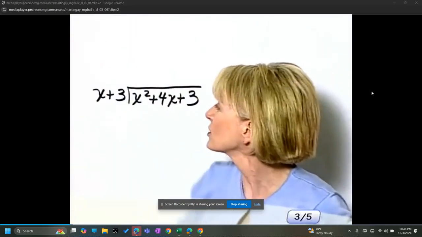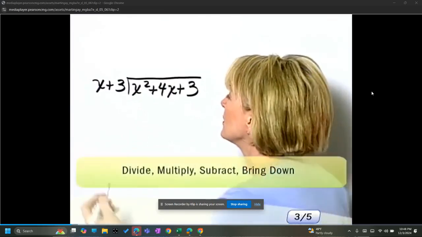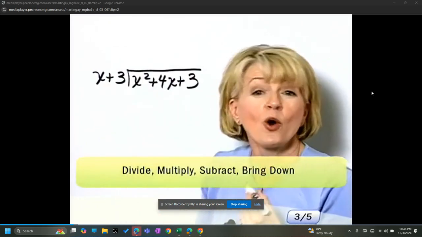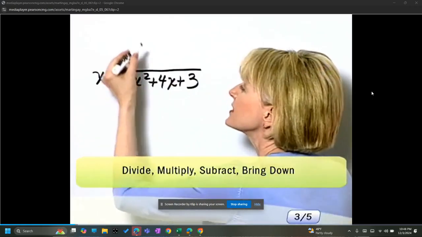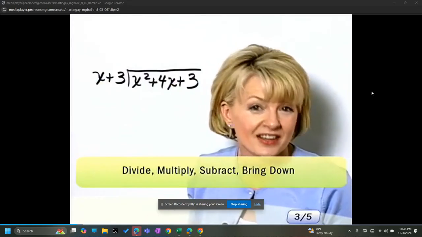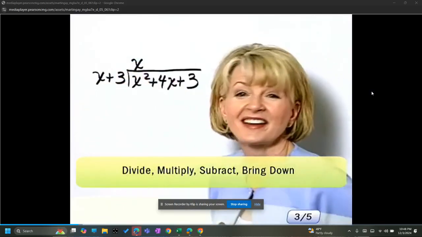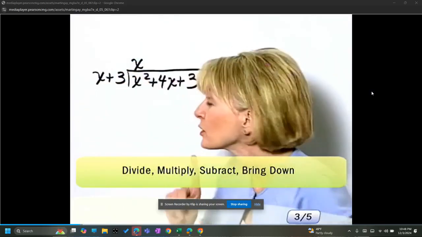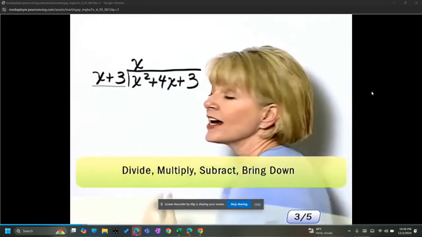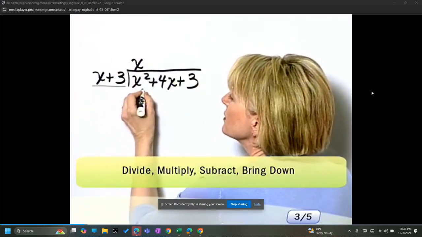Now let's practice that long division just like we long divided a moment ago. You can say x divides into x squared how many times, or you can say what times x gives x squared, either way. Well, in fact, I know x times x gives x squared, so let's now multiply. I'm multiplying x times this divisor. X times x is x squared.